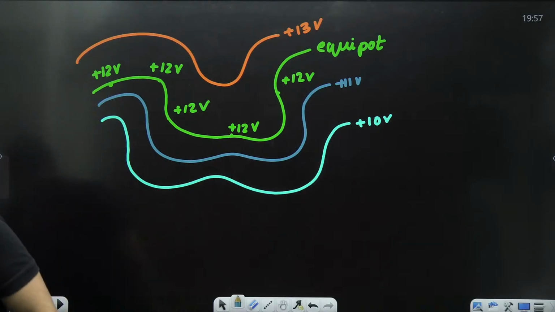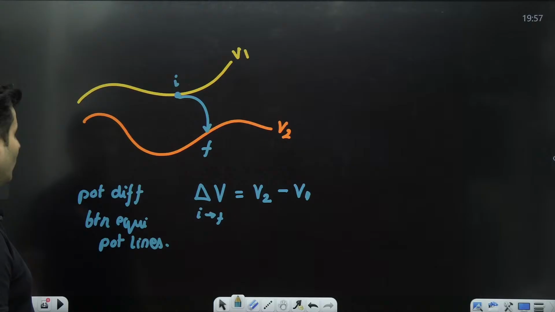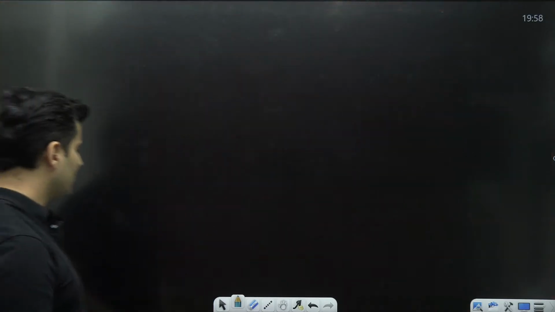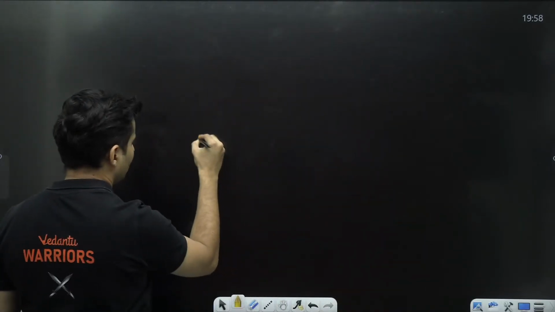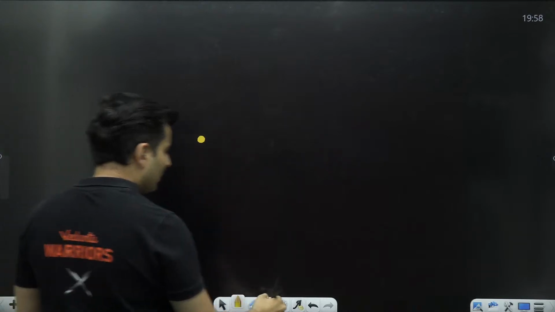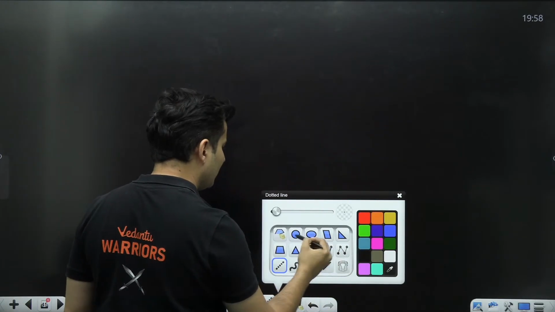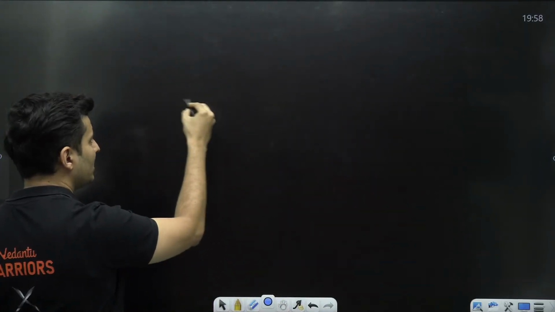Yep, very good. Now, what they say is also that if you take a simple point charge, somewhat like this, the equipotential lines are nothing but concentric circles, which makes sense, because obviously at the same distance the potential will be the same.